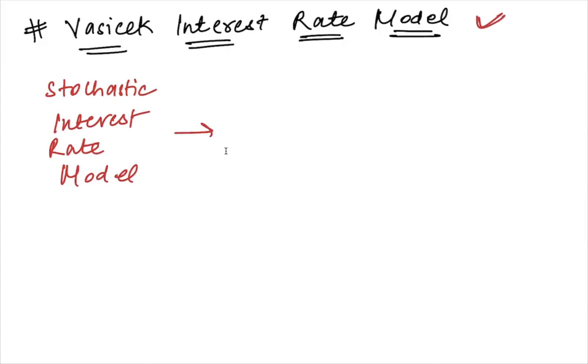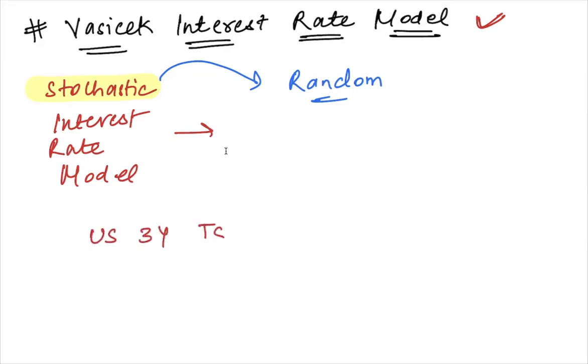First of all, the word stochastic basically means random. So if you look at interest rates, and when I show you the Excel implementation you'll actually understand, let's say looking at the US 3-year treasury interest rates.